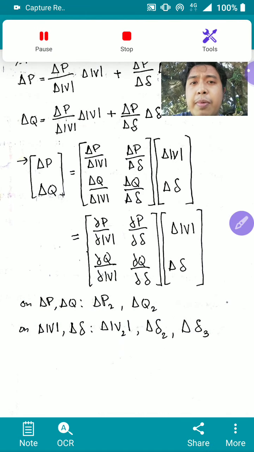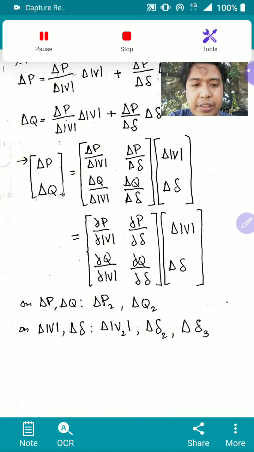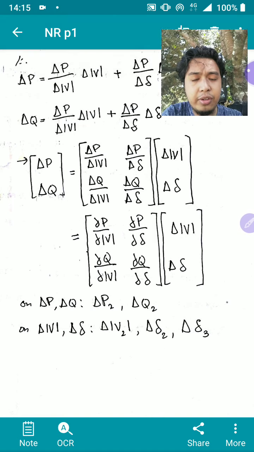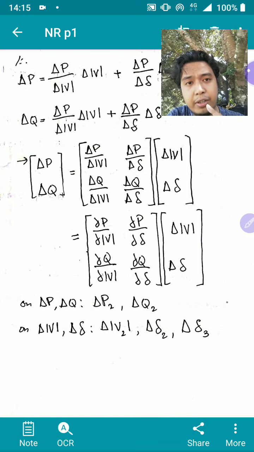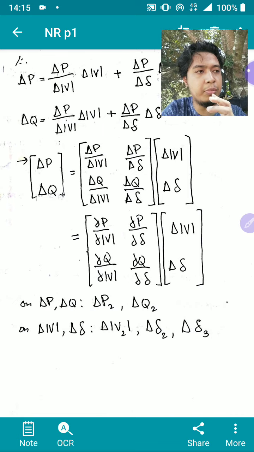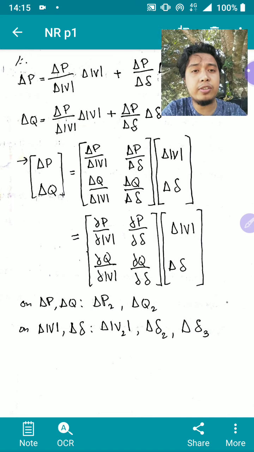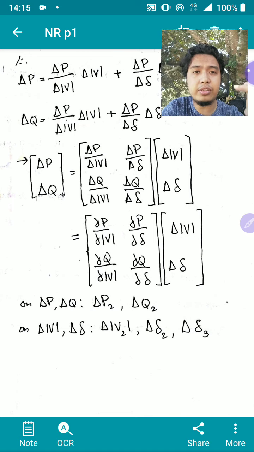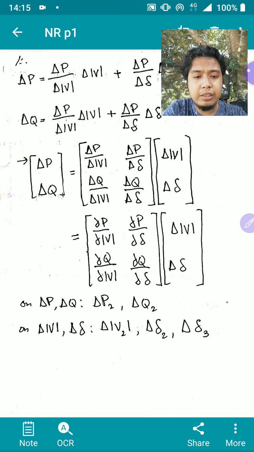Okay, how about on the delta angle? So on the delta angle, you don't have a delta angle on bus 1 because bus 1 is the slack bus. It's the reference, so you maintain it as 1 angle 0. So it's always 1 angle 0 for every iteration. So you don't have a delta angle on bus 1.